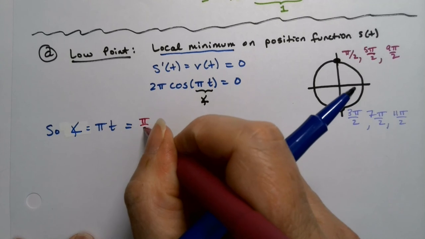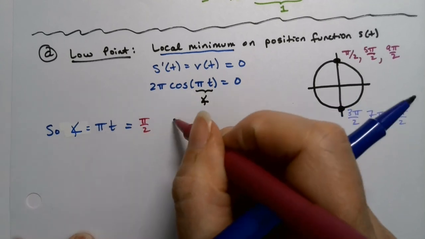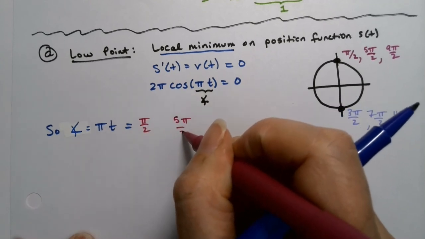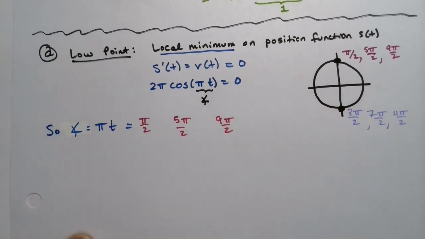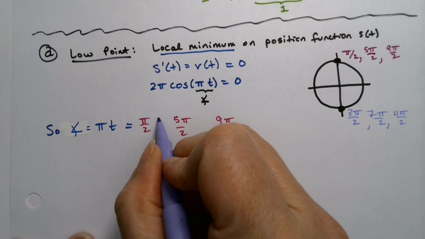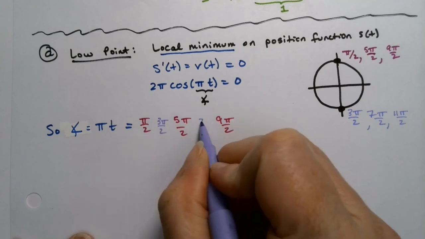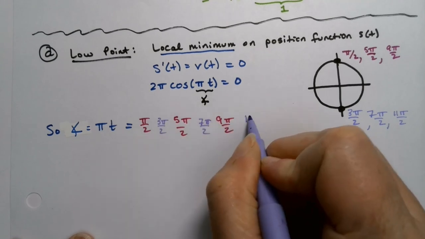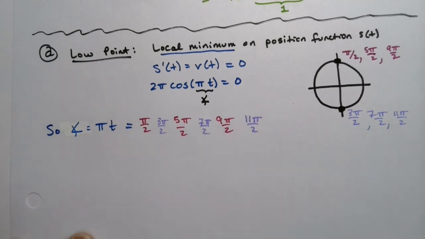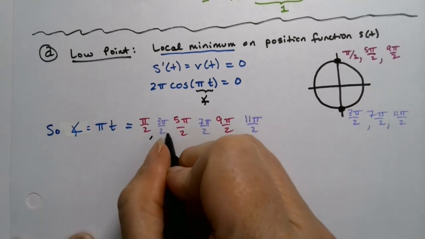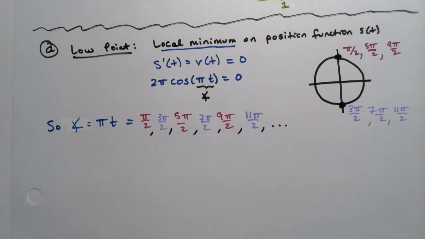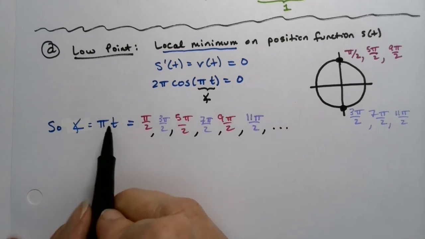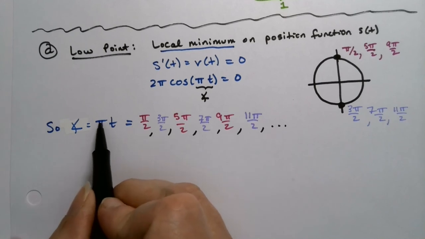Pi over 2, 3 pi over 2, 5 pi over 2, 7 pi over 2, 9 pi over 2, and I'll put in the other ones as well. And I'll just put a dot, dot, dot at the end of it because we all know it keeps going and going and going forevermore. Gotta love trigonometry. Okay, well, I don't want pi t, I want t.